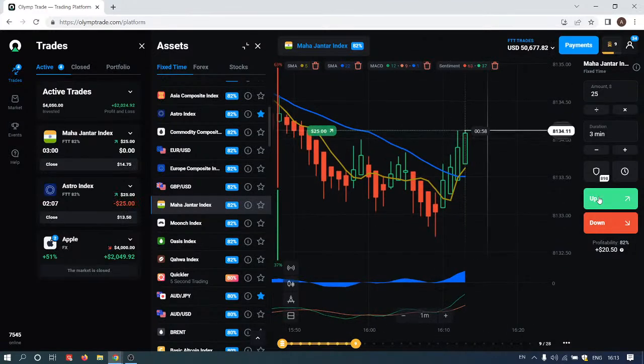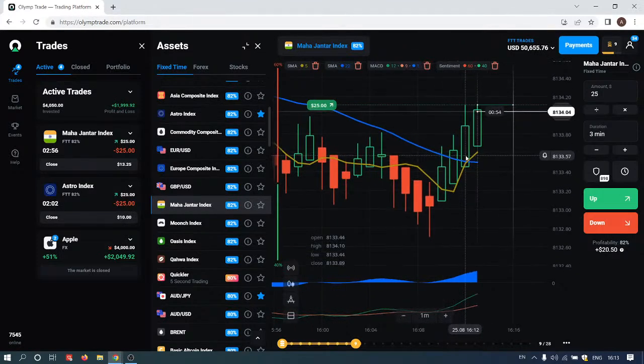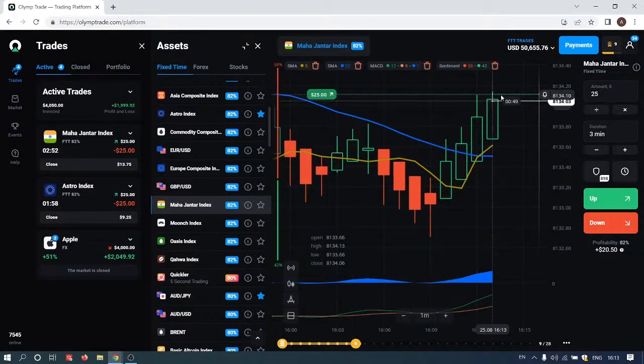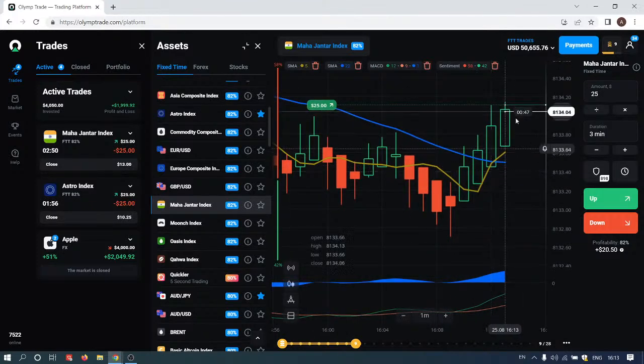All right, and the signal on the other index has just appeared right in front of my eyes. So you want to open a trade up.